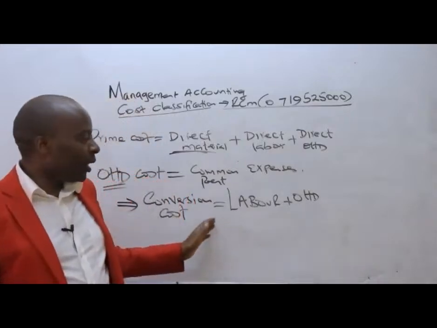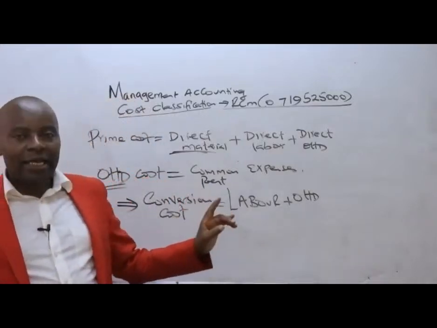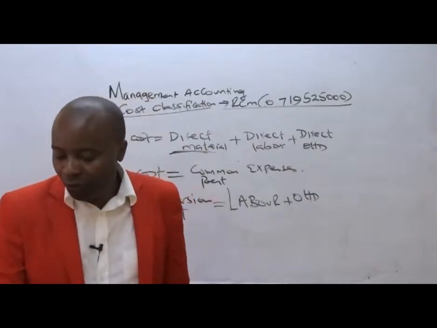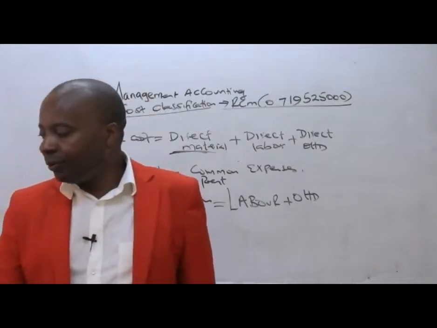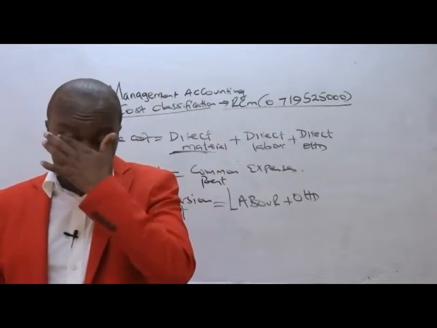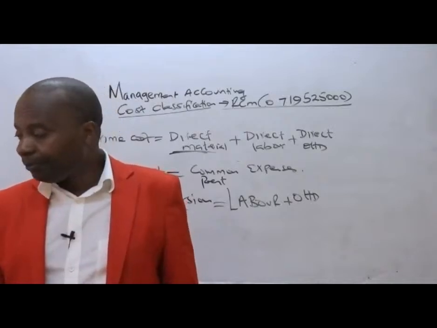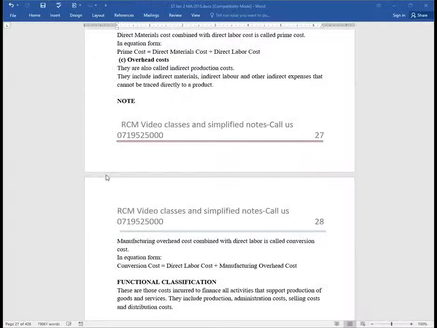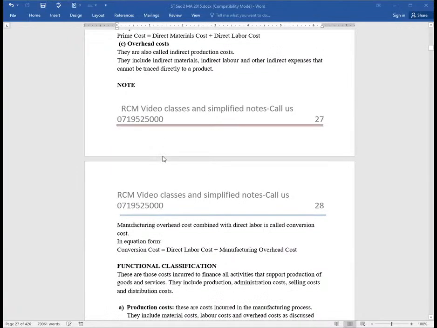So very importantly, for us to understand this from the word go. Ladies and gentlemen, what we are saying in this case is that we can classify costs in accordance to whether they are manufacturing or non-manufacturing.